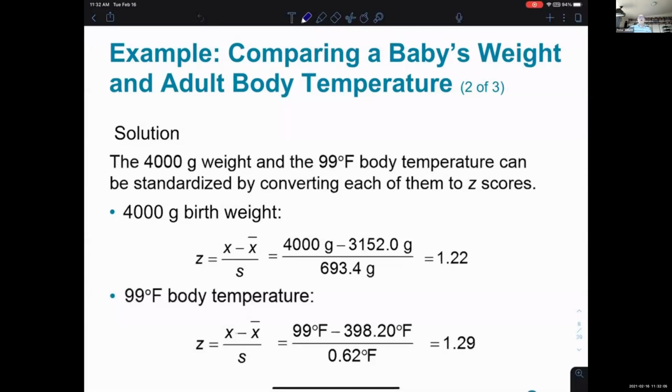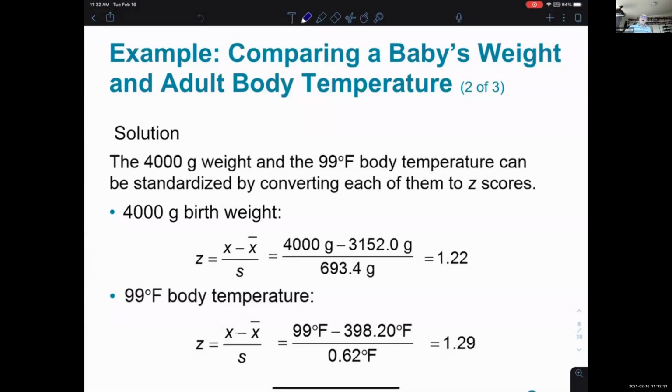So if I want to know how many standard deviations 4,000 grams is away from a mean of 3152, and the standard deviation size is 693, what you do is you first say, well, how far is 4,000 grams from the mean, by taking the difference of those two. In the formula, that's x minus the mean value of x.